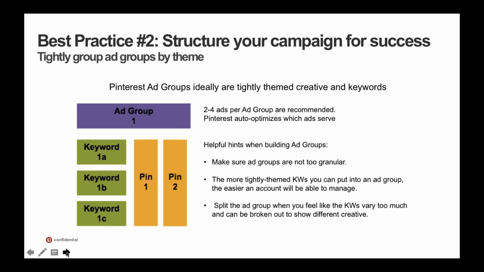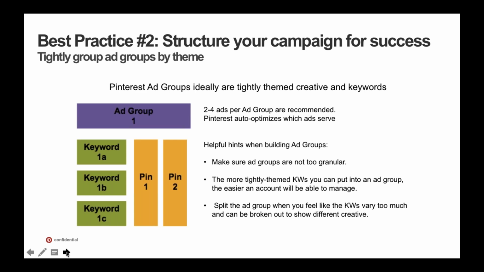Because our pins are visual in nature, they say a picture speaks 1,000 words. There's a little bit more room to add in additional keywords because we are trying to keep the keywords relevant to the image, not necessarily the text within the image.